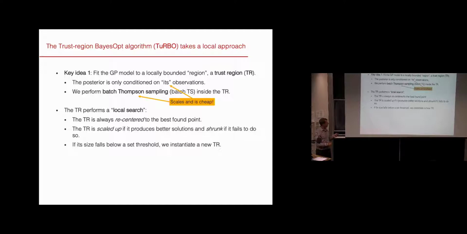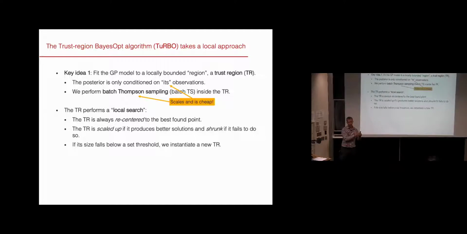But now my intuition is that these trust regions actually perform a local search. So what we do is we have this local model. Inside the local model, we do Thompson sampling, which means we're taking new observations, and whenever we have found a better solution, we move the trust region to the better solution. And basically now the trust region starts moving around in this high-dimensional space, hopefully moving towards some local optimum.